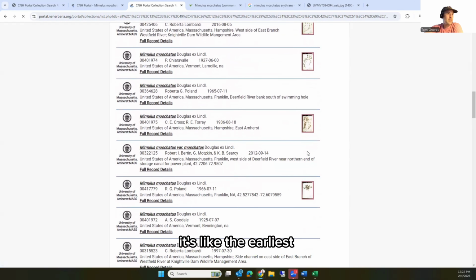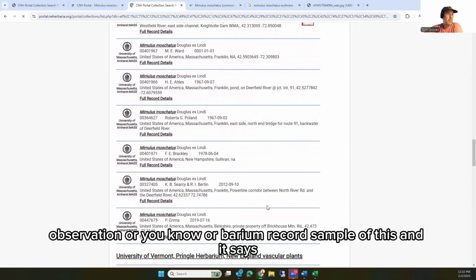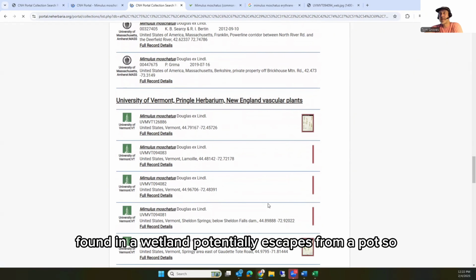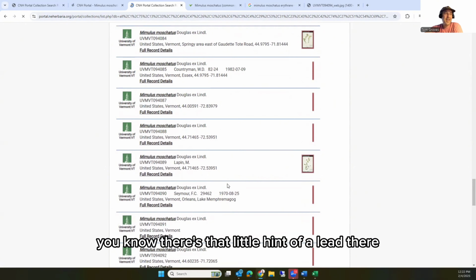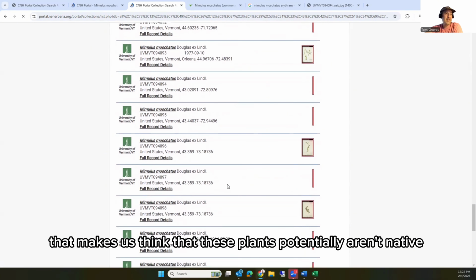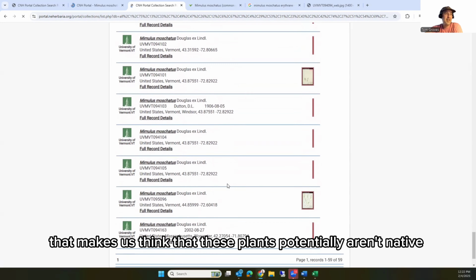It's the earliest observation or herbarium record sample of this. And it says found in a wetland, potentially escaped from a pot. So there's that little hint of a lead that makes us think that these plants potentially aren't native.